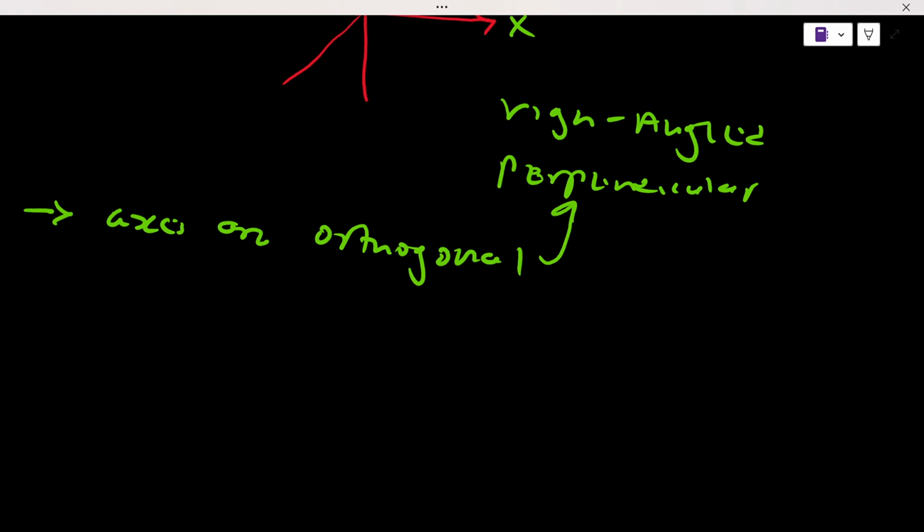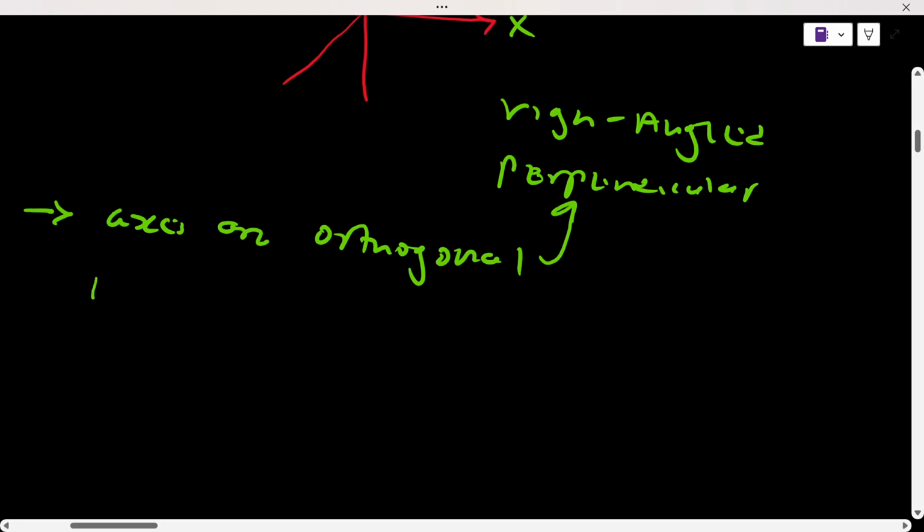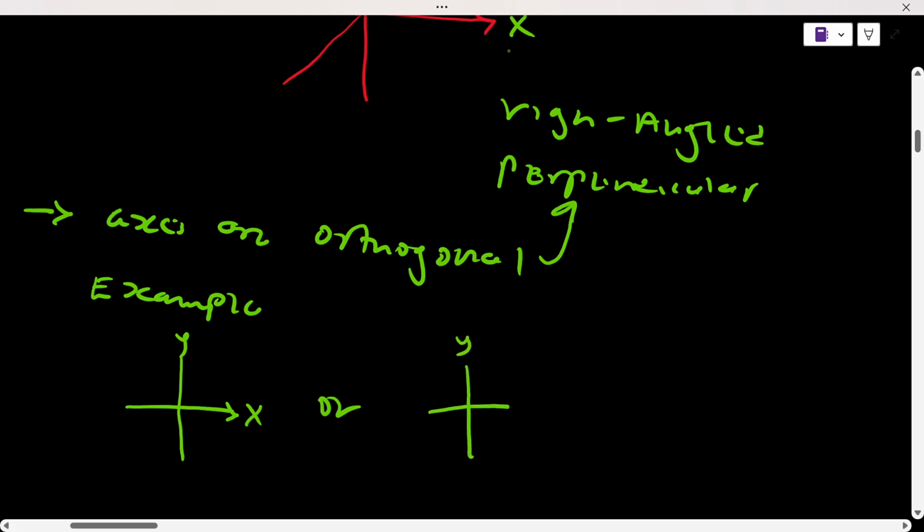I only pick two. So I can take, for example, the x axis and y, or I can take the axes of y and z, or I take the axes of x and z.